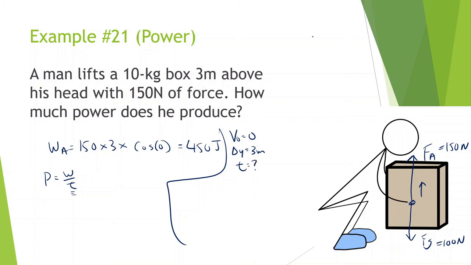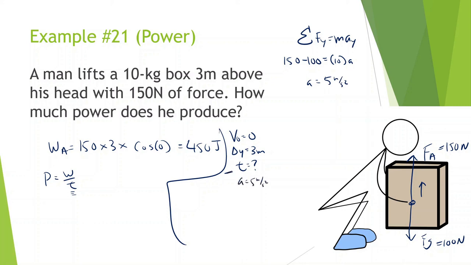So we need to find acceleration. The sum of all force in the y equals mass times acceleration in the y. So force applied, 150, minus force of gravity, 100, is equal to the mass, 10, times acceleration. So this is 50 divided by 10, which is 5 meters per second squared.